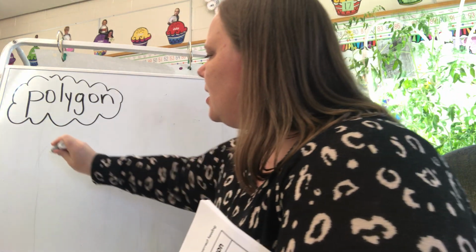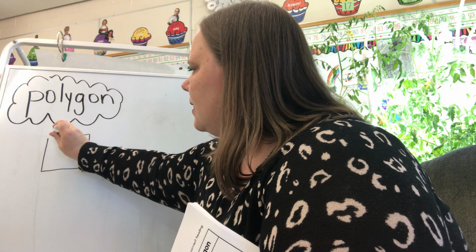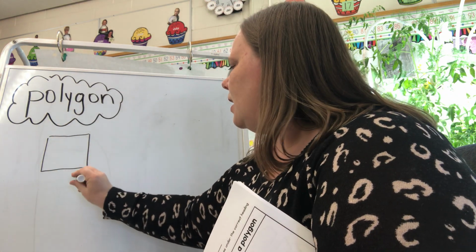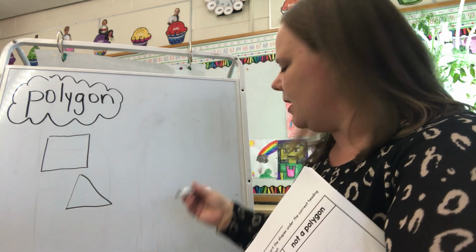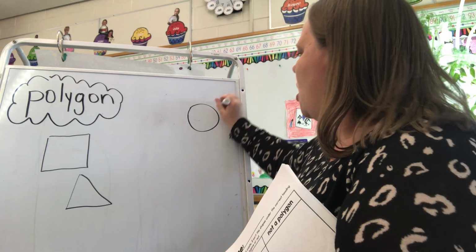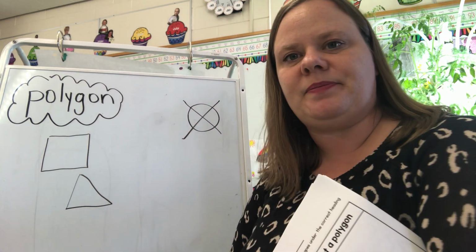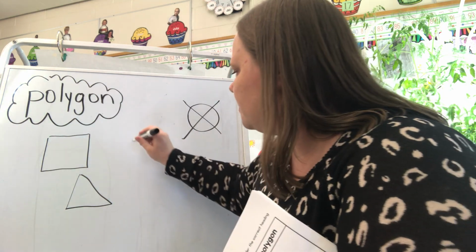So a polygon needs to have straight lines, like a square or a triangle. But something like a circle, not a polygon.